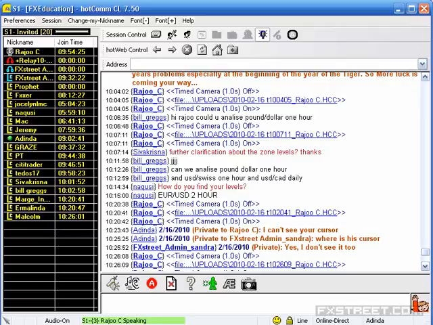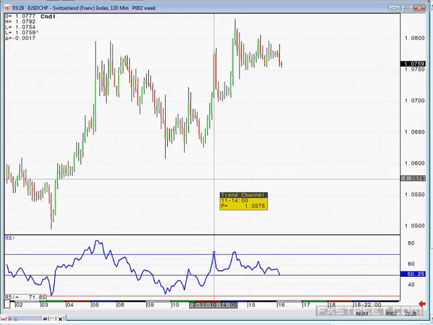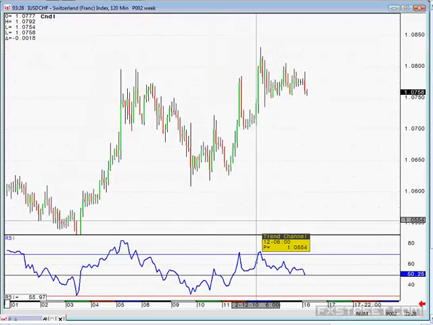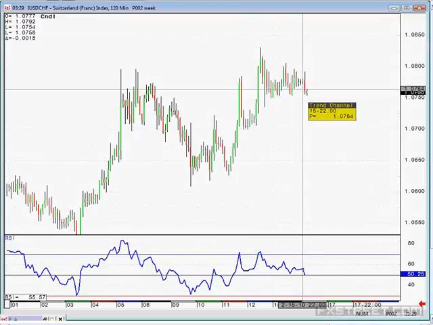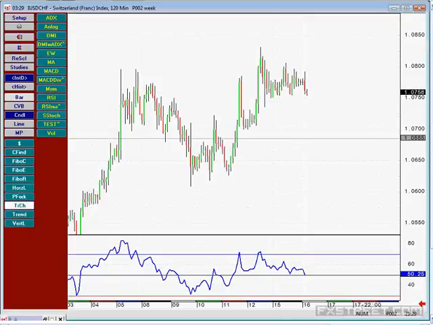So if you are looking at the USD Swiss franc on the 1 hour, okay, this is the chart. Again, this is a similar picture. What I feel about this instrument is it is also consolidating on the 2 hour chart. But what I feel is, you see on the 2 hour chart, it has been moving higher.